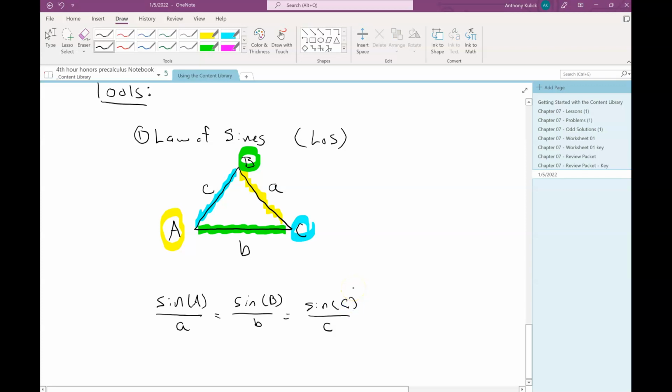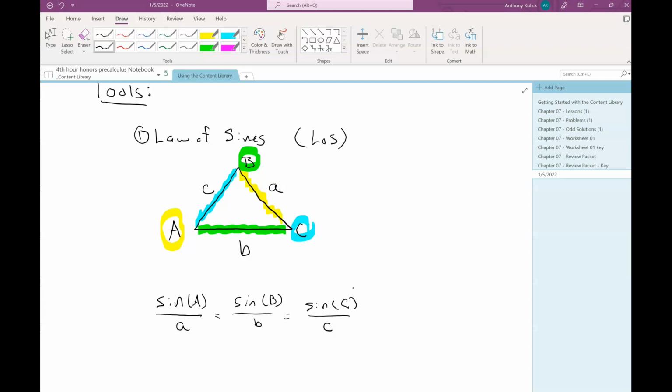So it's saying that the ratio for each length and angle is shared between all triangles? Yeah, the ratio of the sine of an angle and its opposite side is constant. That ratio is going to be the same in all three cases.